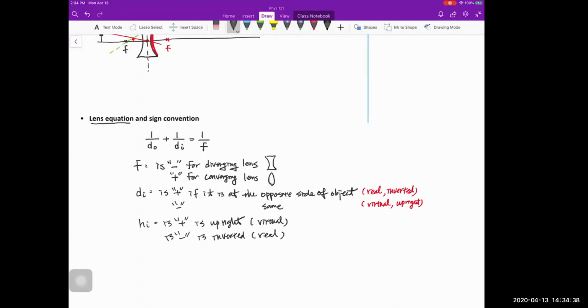If your Hi is positive, then the M is also positive, because M is Hi over Ho. And if M is negative, then it's going to be real, it's going to be inverted. So these are the sign conventions for the lens equation.